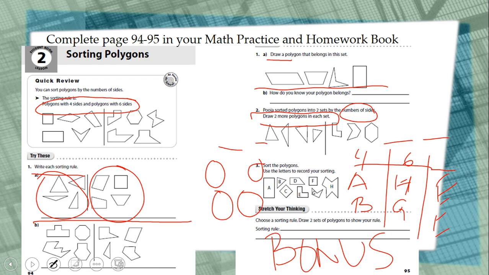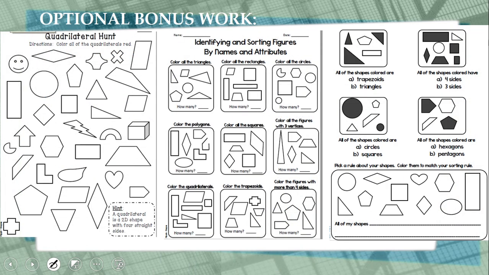So obviously I need to give you way more. So I'm going to give you some optional bonus work tomorrow. There's a quadrilateral hunt. Remember what a quadrilateral means. How many sides is that? 4, okay? And then there's a couple extra pages.